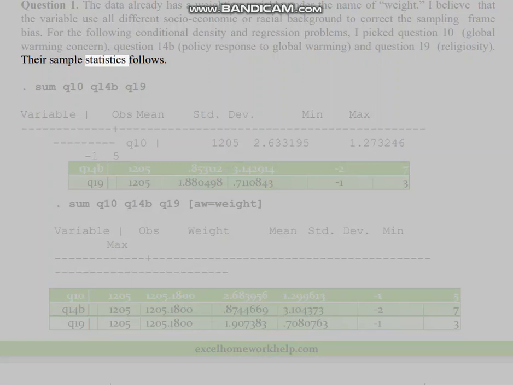Their sample statistics follow. Sum Q10 Q14b Q19. Variable, obs, mean, std. dev., min, max.